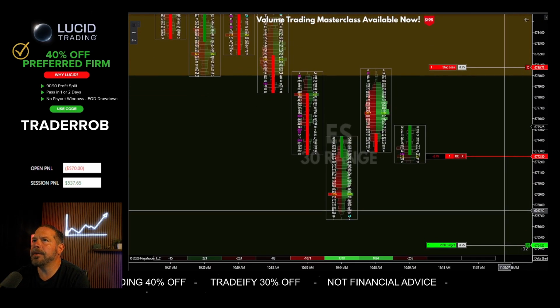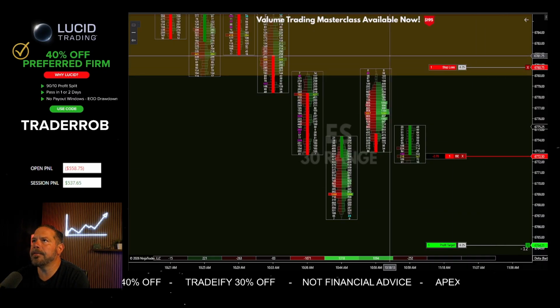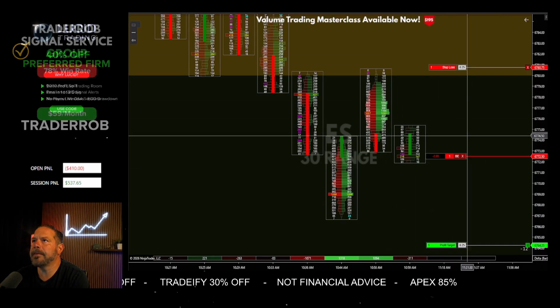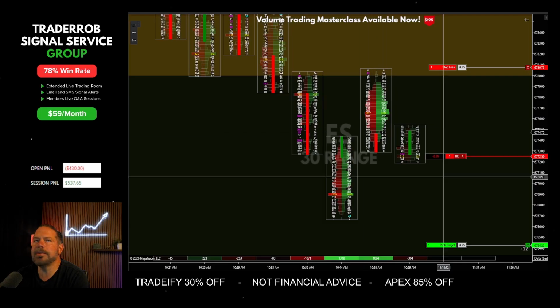And it might be the same scenario as yesterday where I might have to increase my stop here just a little bit for a possible sweep, especially on this huge area right here.